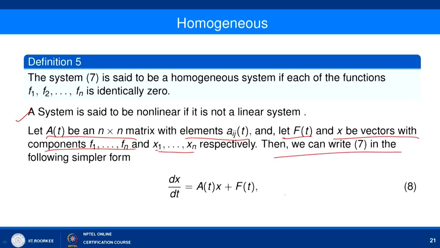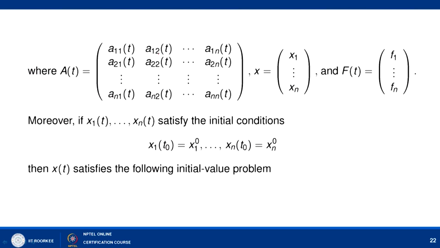Then we can write equation number 7 as follows: dx by dt equal to A t x plus f of t, where A t is given as a11 t, a12 t up to a1n t and so on, x is a vector x1 comma x2 up to xn, and f t is a vector having components f1 to fn. Moreover, if x1 to xn satisfy initial conditions given at a fixed point t naught, that is x1 t naught equal to x1 0 and xn t naught equal to xn 0, then x t satisfies the following initial value problem.